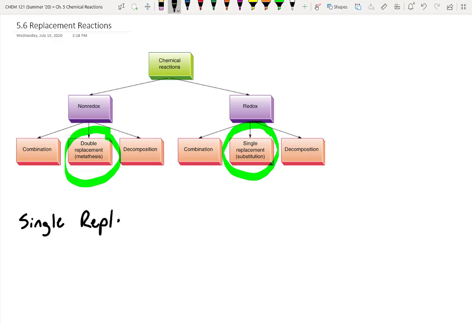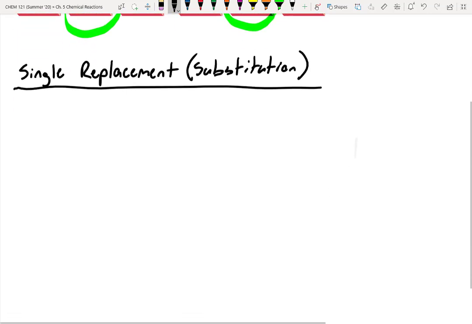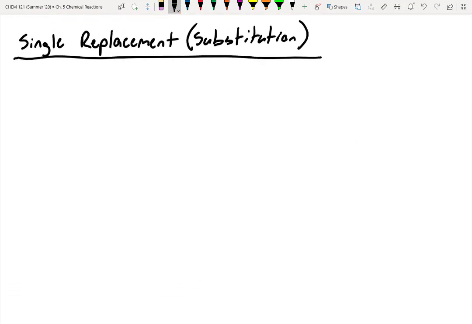Single replacement is often just called substitution. Let's walk through what makes a single replacement reaction a single replacement reaction. I think it's best represented symbolically. Let's say we've got two reactants, A plus BX.